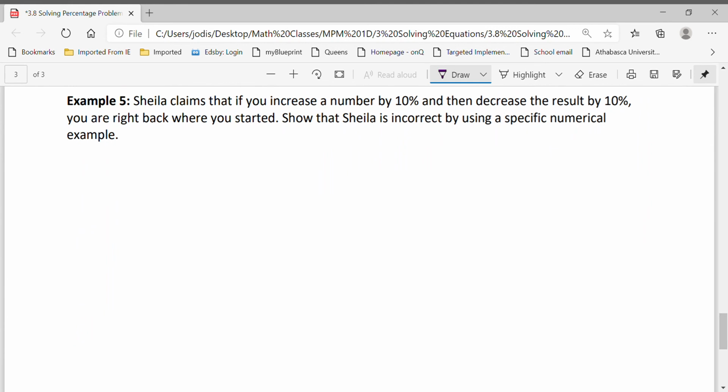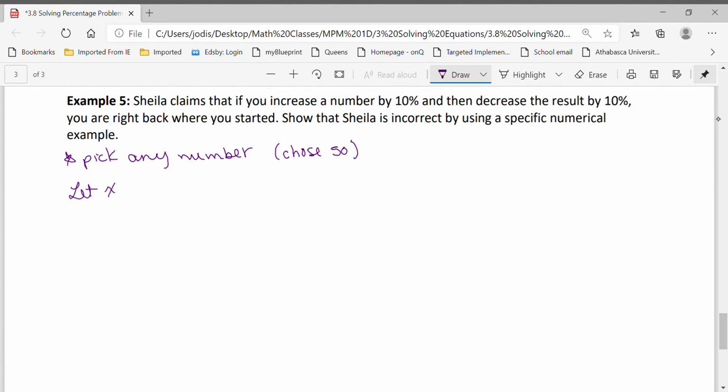Okay, so last one here. Sheila claims that if you increase a number by 10%, then decrease the result by 10%, you're right back where you started. Show that Sheila is incorrect by using a specific numerical example. So in this case, we can pick any number. So I'm just going to choose 50. Okay.